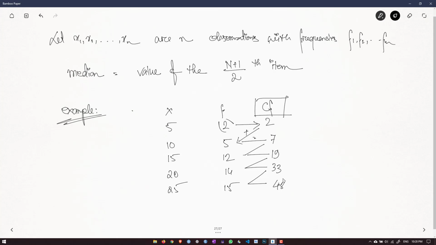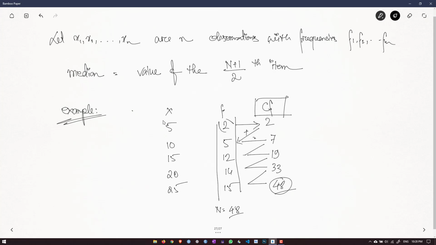So now the last value of the cumulative frequency, or the total of this particular column, is denoted by capital N, which is 48. Remember that this value and this value will be always the same. The last value of your cumulative frequency should be equal to your total frequency, right?